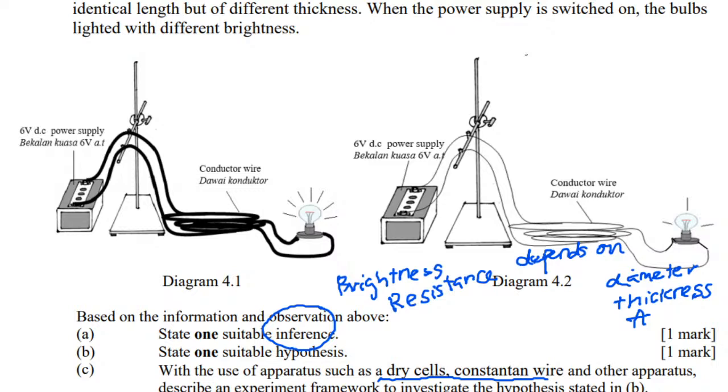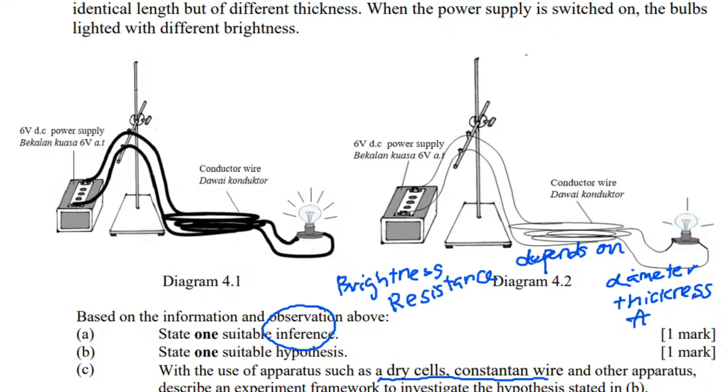Yes, correct. Chua is using the word affected by. Pun boleh, brightness of bulb affected by the thickness of wire. That is correct. Okay, Chang Hong sama. Yes, correct. Resistance of circuit depend on the diameter of wire. Okay, correct, Nathan. Brightness of bulb affected by the diameter of wire.